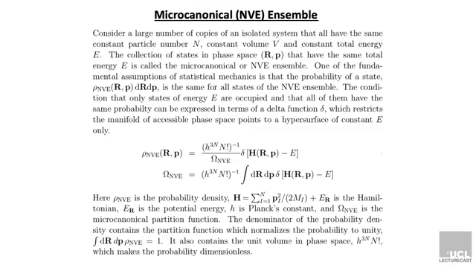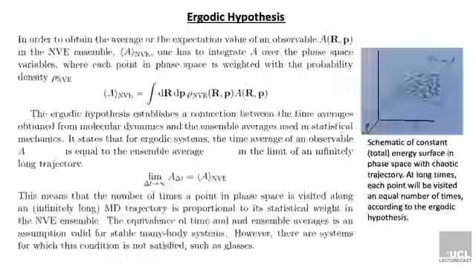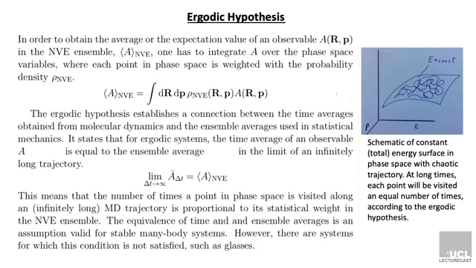So this is the microcanonical probability density. These prefactors are just there to make the probability dimensionless.